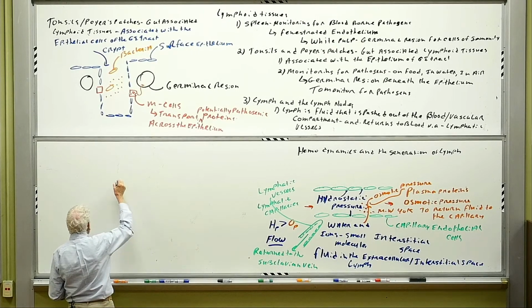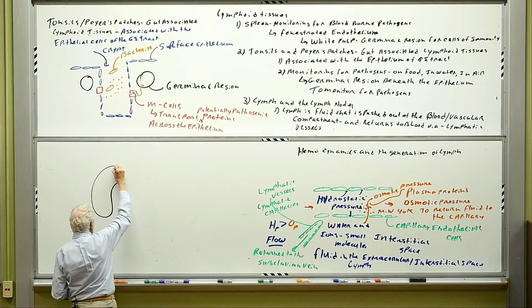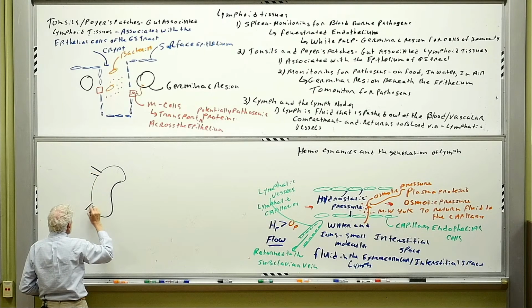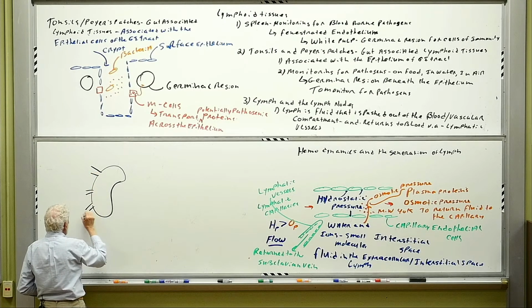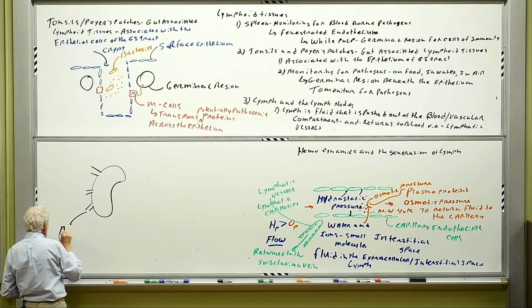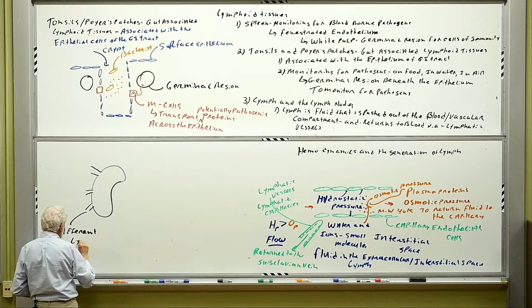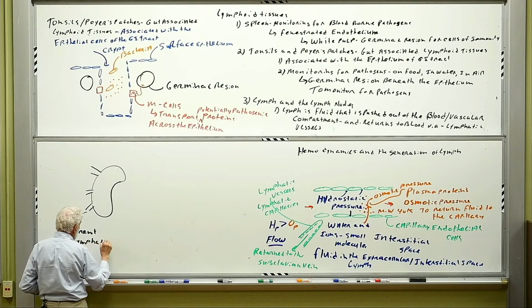And the lymph nodes have this sort of generalized structure, a little bit like a kidney. And they have vessels flowing into them. And these are the so-called afferent lymphatic vessels.